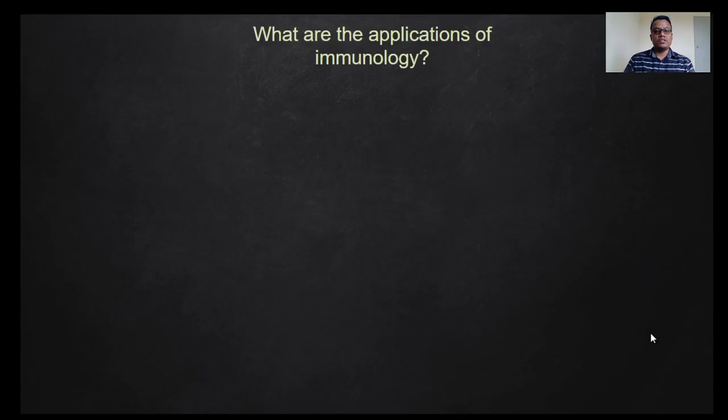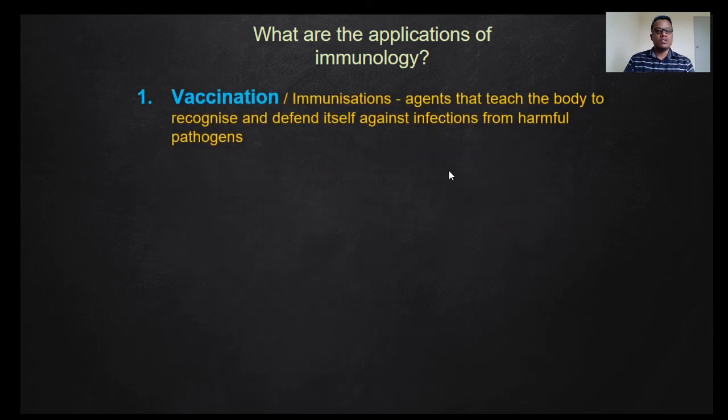Since we have knowledge of the mechanisms and responses, what happens in the immune system, so what are the applications of immunology in the scientific world? So first, the production of vaccines through vaccination or immunization, agents that teach the body to recognize and defend itself against infections from harmful pathogens.